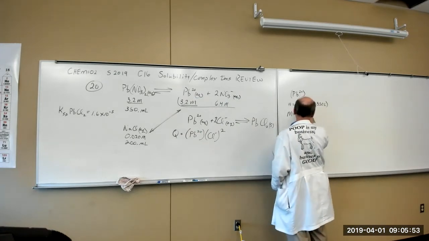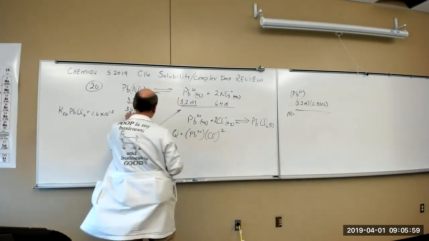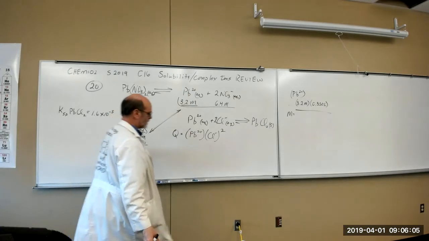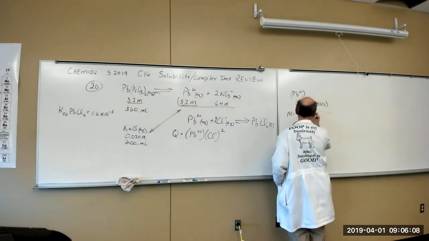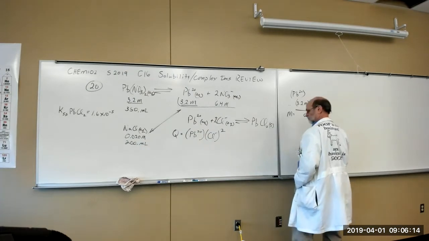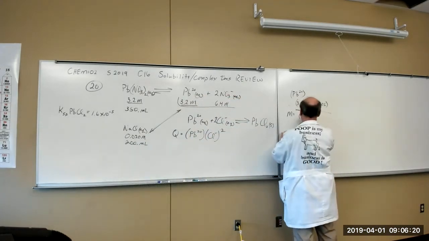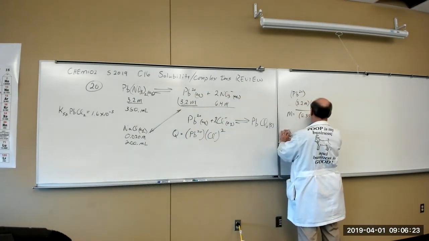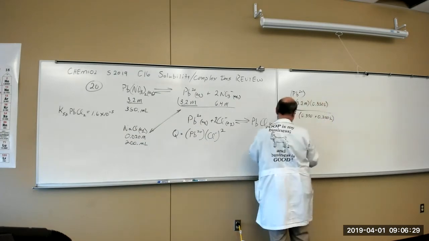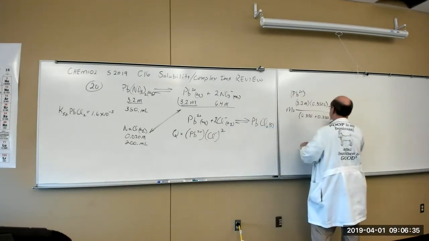And then we need the volume. So it's going to be this one divided by the total volume: 350 plus 200, so that's 550, or 0.550 liters. 0.350 plus 0.2. There we go. So that's the concentration of the lead 2 plus.